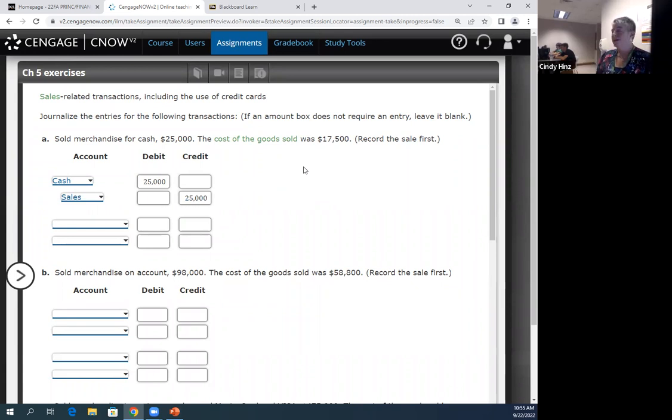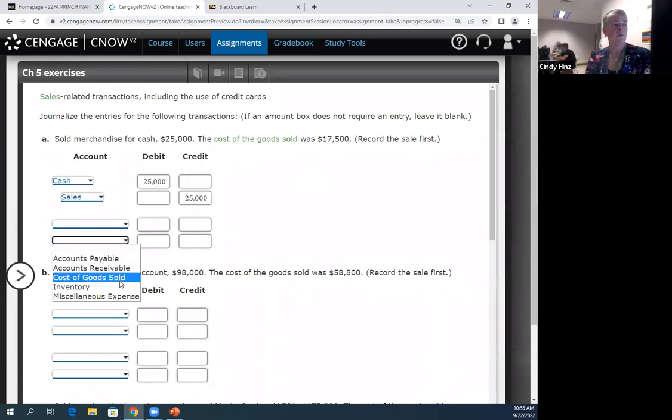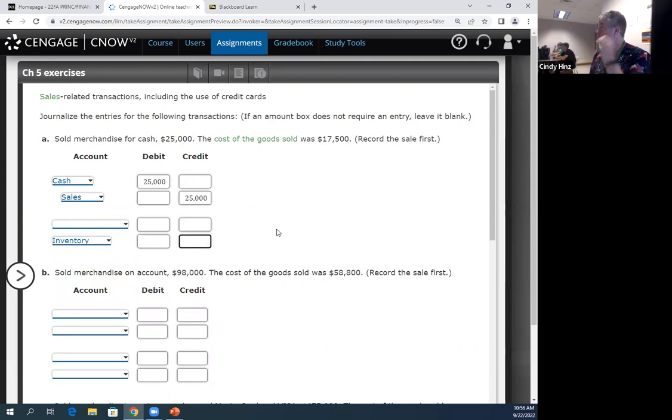Because we use a perpetual inventory system, when we sell merchandise, we have to record that we no longer have that merchandise, right? We sold it. So we have to remove that inventory, the merchandise, from our books. We charged our customers $25,000 for that merchandise, but we didn't pay $25,000 for it.